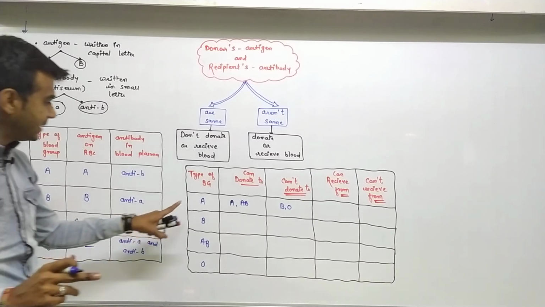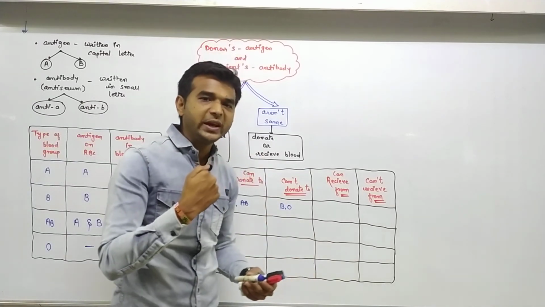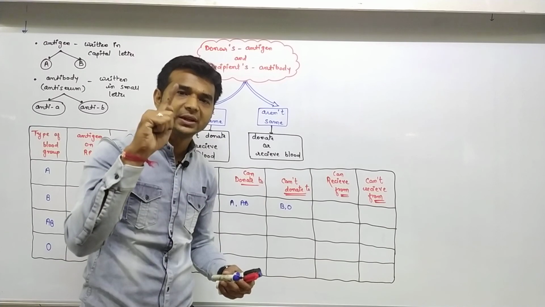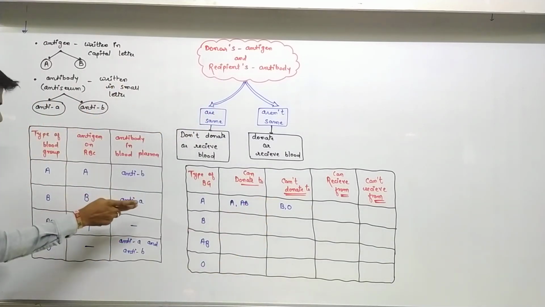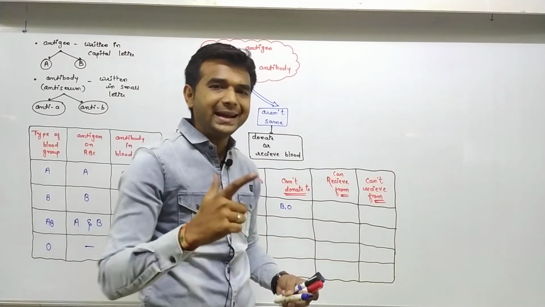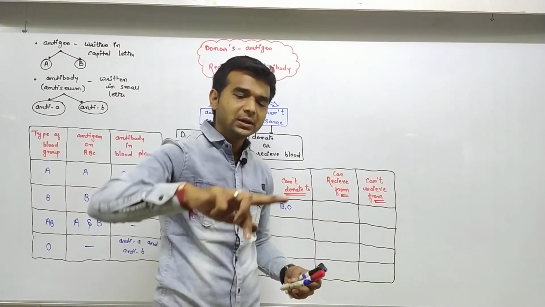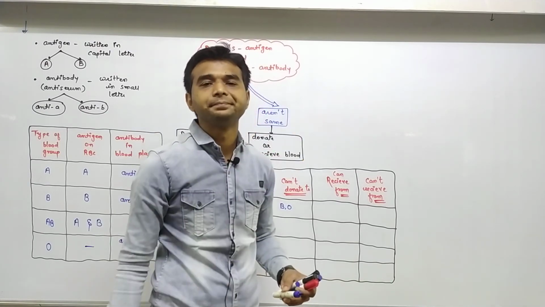But I cannot give the blood to a B person. Why? Because my antigen is antigen A, and in person B, antibody A is there. So my antigen A and B person's antibody A join together, clotting occurs, and the B blood group person will die.